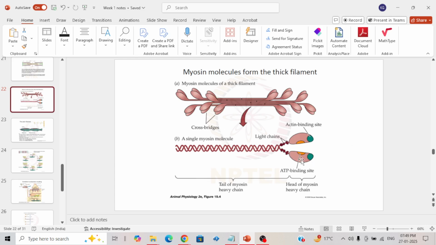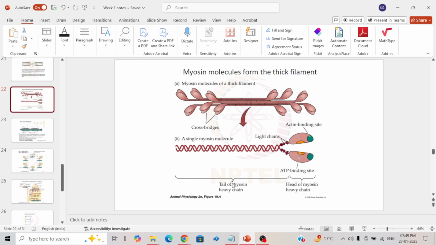So in total, how many chains of proteins are there? How many chains of proteins? Three. Six, ma'am. Six. Three pairs, but in total six chains of proteins, two heavy chains and four light chains.